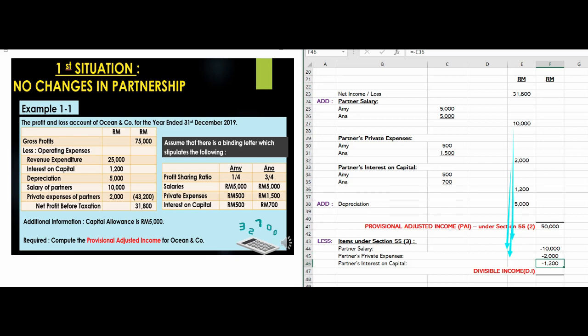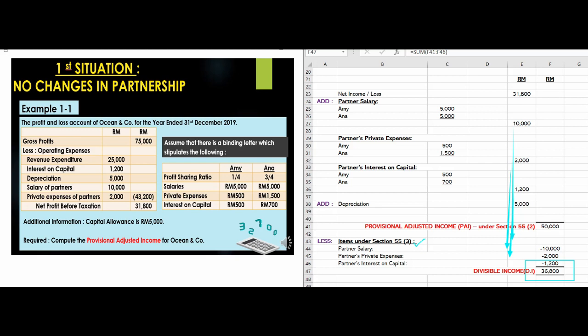Then we are going to take the PAI and deduct all of the items under section 55 subsection 3 here. Then we get the amount of divisible income, which is 36,800 ringgit.